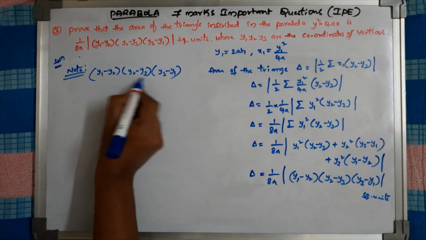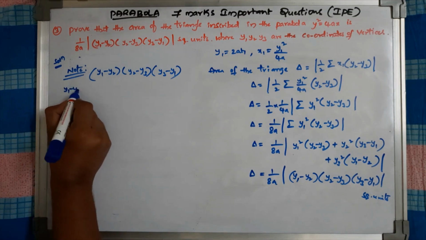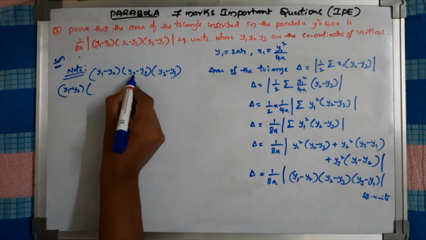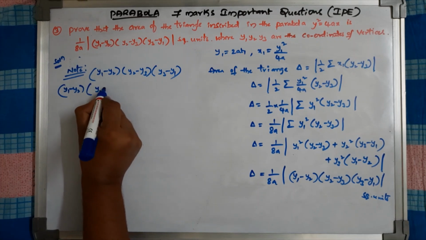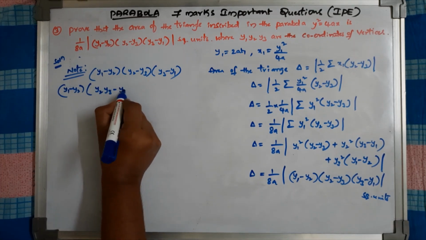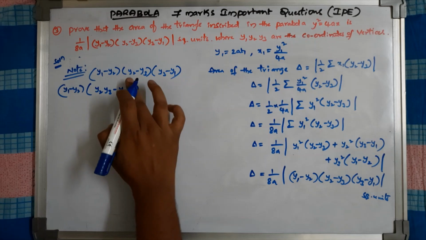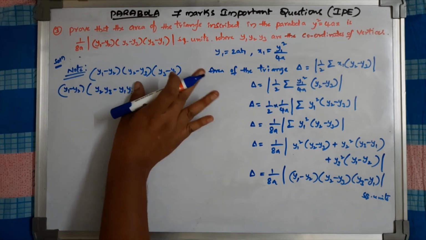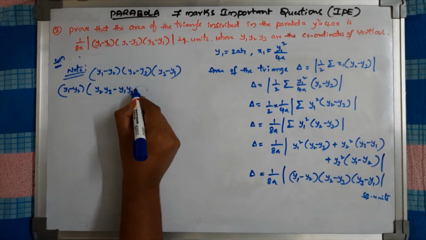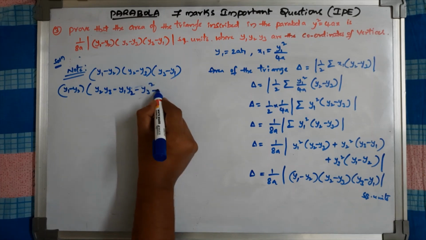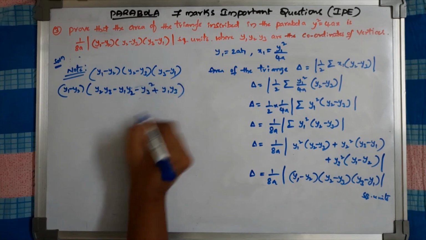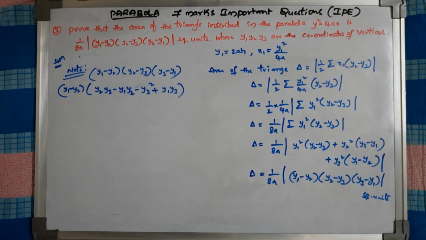Just multiply these two: y2y3 minus y1y2 minus y3² plus y1y3, right.